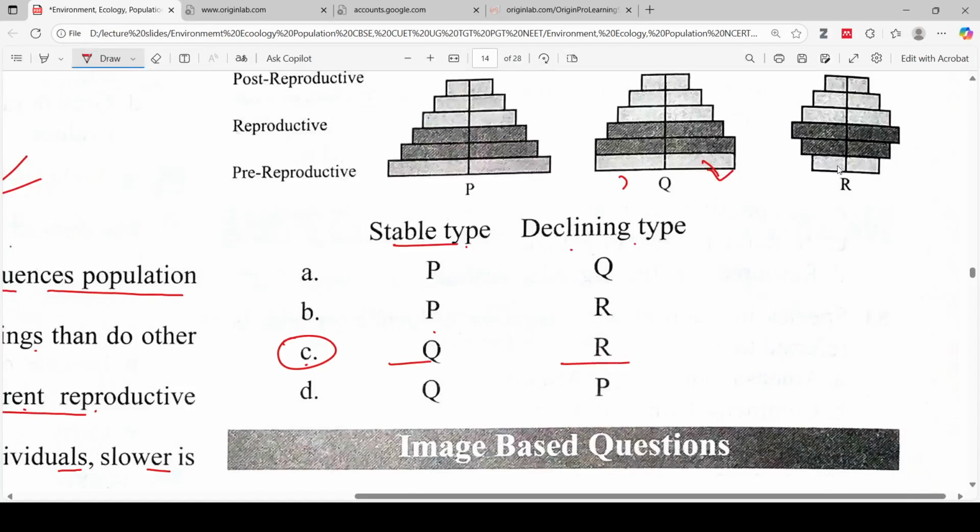And in the case of the R group, the pre-reproductive population is lower than the reproductive, so it will decline after a few years. So this is the correct answer.